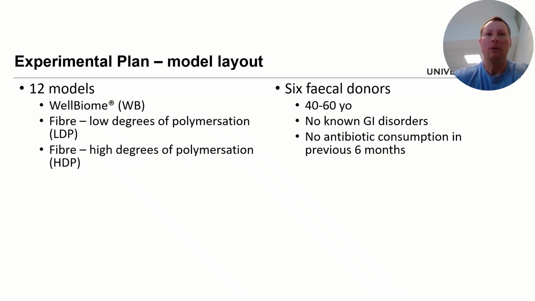We used 6 fecal donors, targeting healthy aging, so we targeted those people between 40 and 60-year-olds without any known GI disorders and had not consumed antibiotics in the previous 6 months. And this is really important for us because we want to get that complete healthy microbiome into our models.